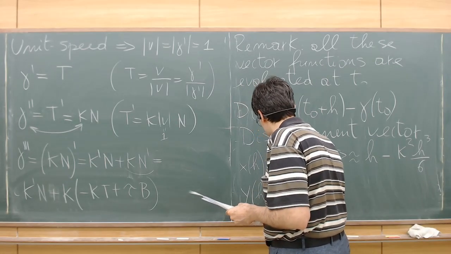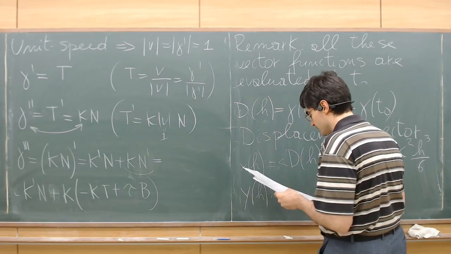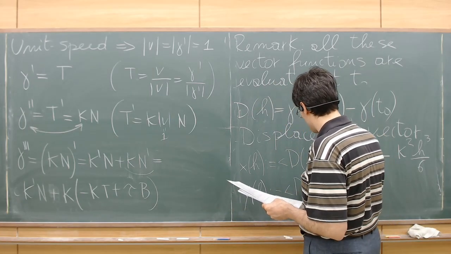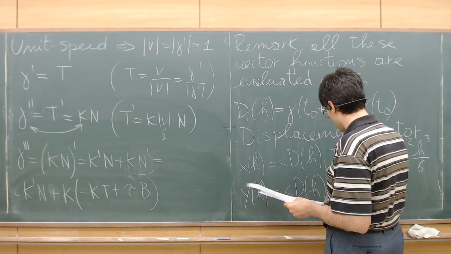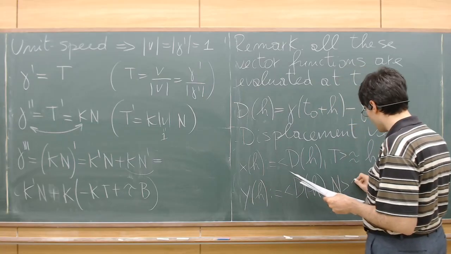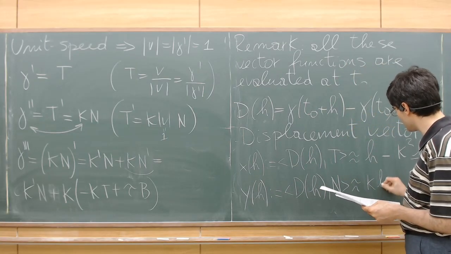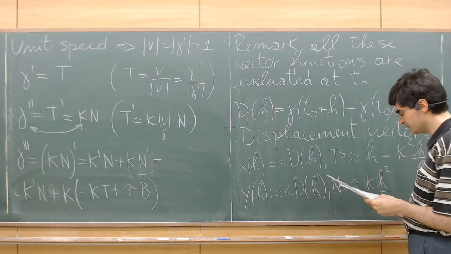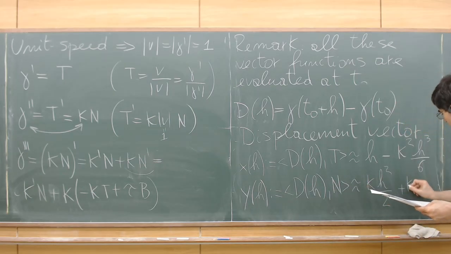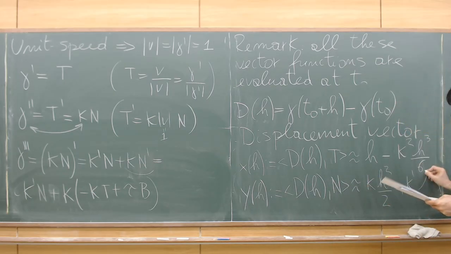y of h, defined to be d of h times N, is approximately equal to k times h squared over 2 plus k prime h cubed over 6.